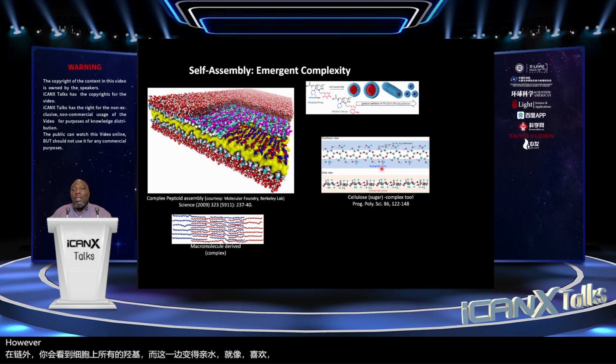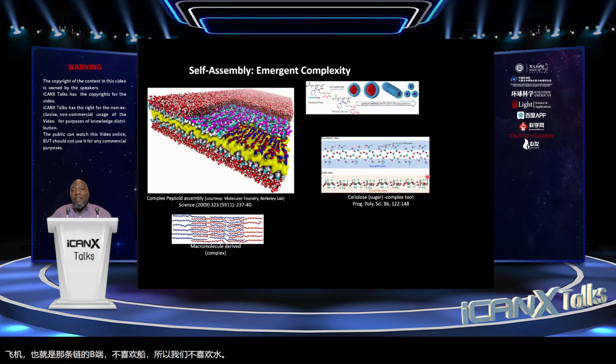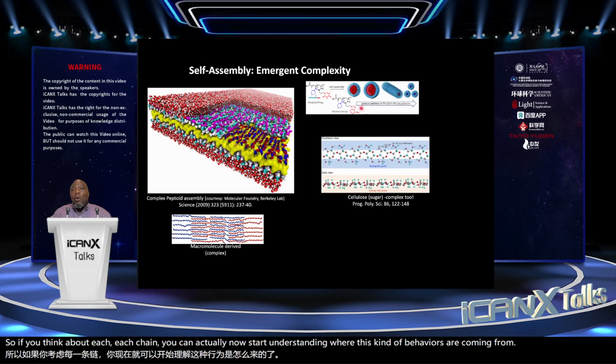However, if you take a 90-degree view of the same chain, you will see that you're presented with the hydrophobic plane, meaning that this side of that chain will not like water. So if you think about each chain, you can actually now start understanding how these kinds of behaviors are coming from, because it's all about free energy minimization.